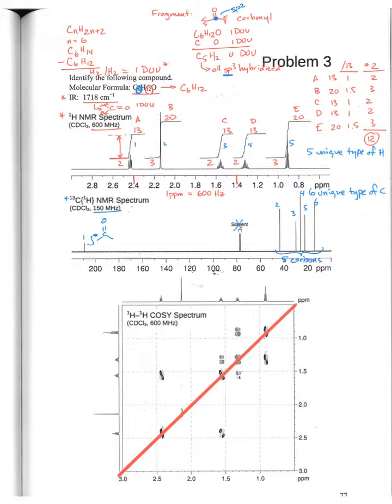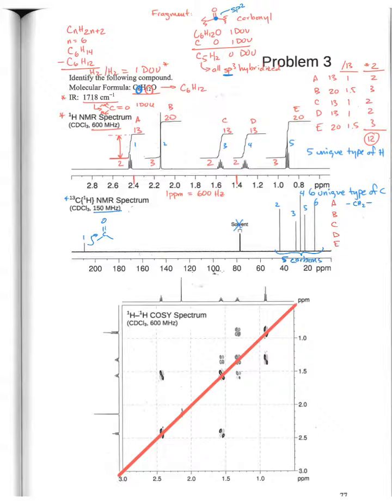So now let's use both the proton and the carbon data together to make some assignments. If we're looking at the proton data, say A, B, C, D, and E, we're going to look at the integrations that we found. A was worth 2 hydrogens, so we can say that is a CH2 group.